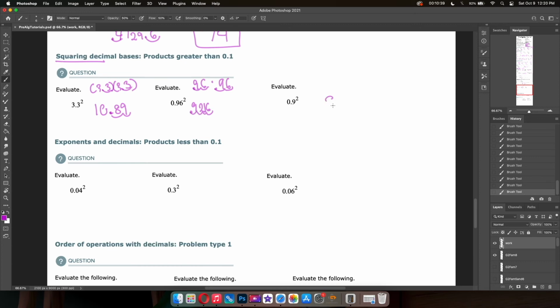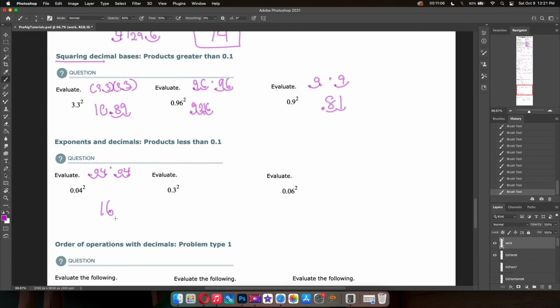9 times 9, that's 81. If I do 0.9 times 0.9, there's 1, 2 decimal places. So I move it over 1, 2 places to get 0.81 as my final answer. Same thing over here. And this one, actually, I'll be honest, this one looks even easier, because 4 times 4 is 16. But if I do 0.04 times 0.04, I have 1, 2, 3, 4 spaces.